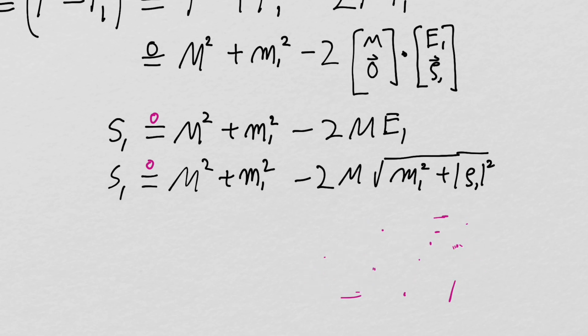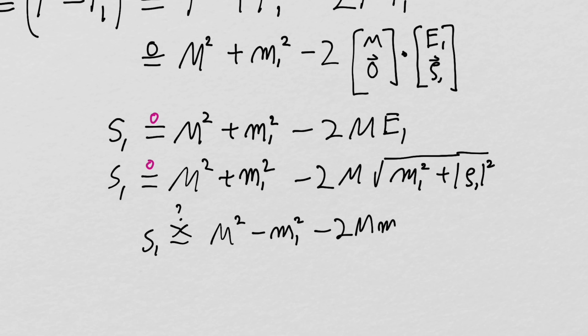So the equality I'm after is something like, let's see, S1, and I'm not sure what the equality is going to be. Let's leave that open, and I'm going to write m squared plus m1 squared minus 2 m m1, where I'm replacing this with the smallest thing it could possibly be.